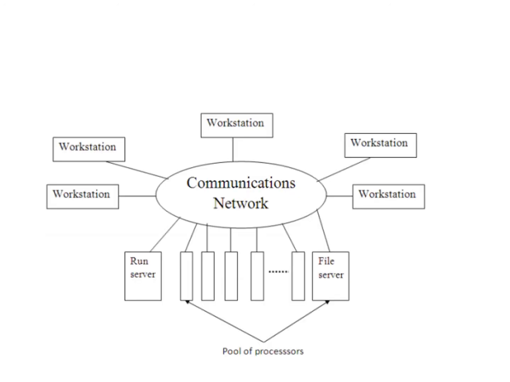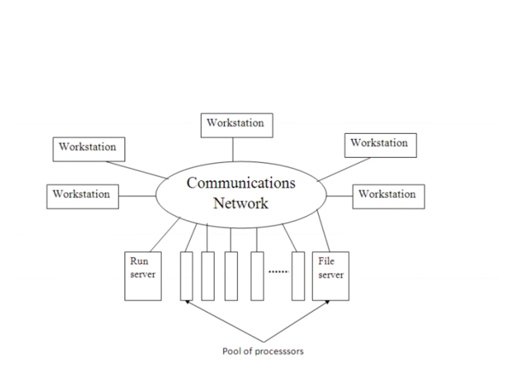So this is the diagram of the processor pool model. We have lots of workstations here, which are just terminals through which the user is logged in, diskless workstations or graphics terminals, and through special devices, these workstations or user terminals are connected to the network and finally connected to the pool of processors.